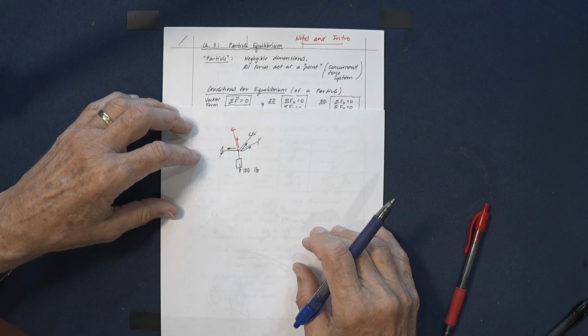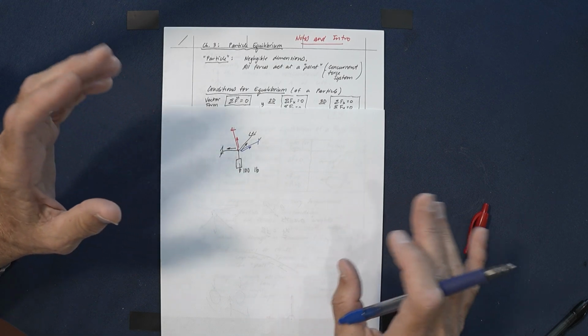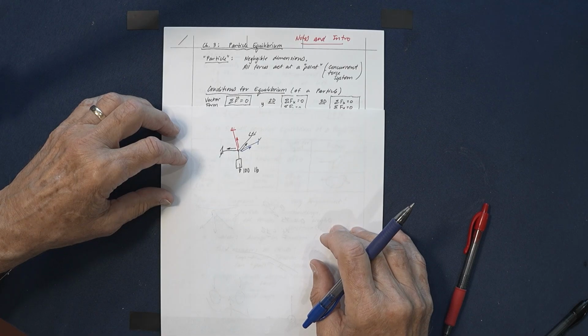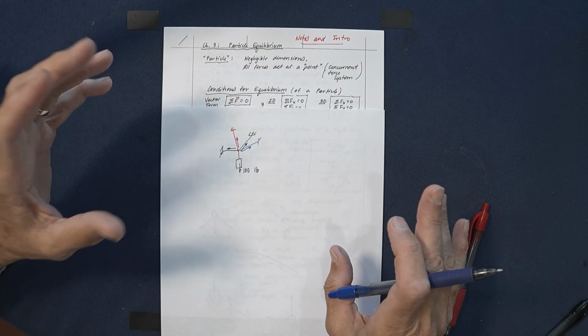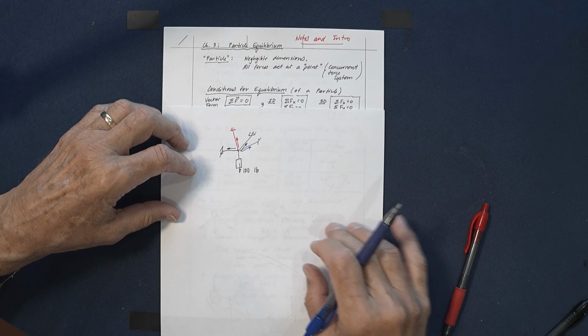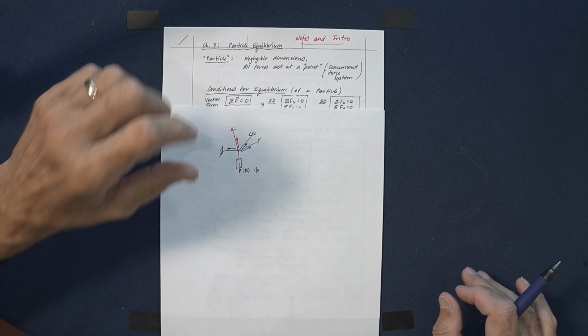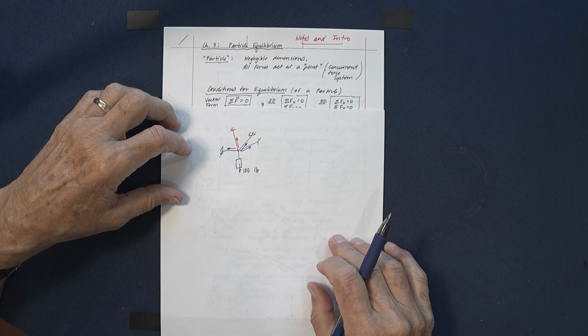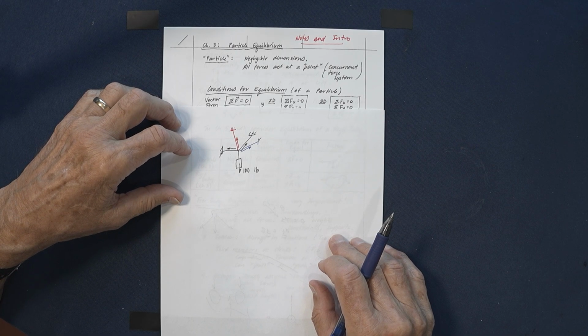I was thinking the other day that there's a book, Everything I Needed to Know as an Adult I Learned in Kindergarten. And you could argue that everything I need to learn in statics I learned in the particle equilibrium chapter. It's a pretty simple chapter, but there are some subtle things in it that will carry on to later chapters.